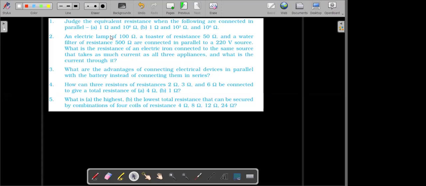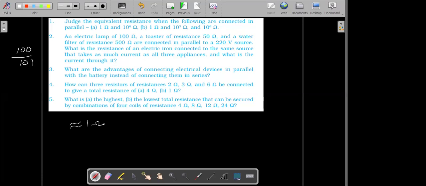Sir, it is smaller than the smallest individual resistance. Yeah, so what will be the answer? Less than 1 ohm. It would be approximately 1 ohm. You can check it. Even see, you are getting like 100 over 101.